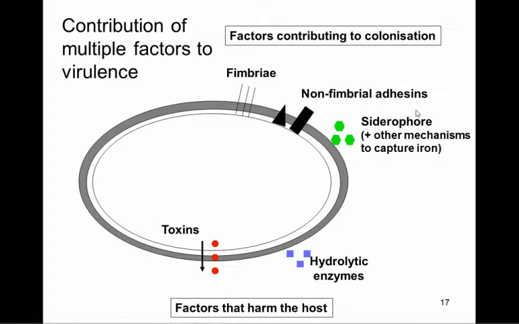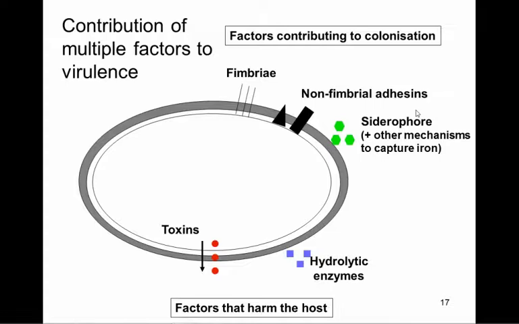Okay, so we've gone through all the different steps that allow bacteria to induce pathology. So in order for a bacterium to be pathogenic, it will have to express adhesins. They'll have to have some kind of mechanism to get iron from the host.